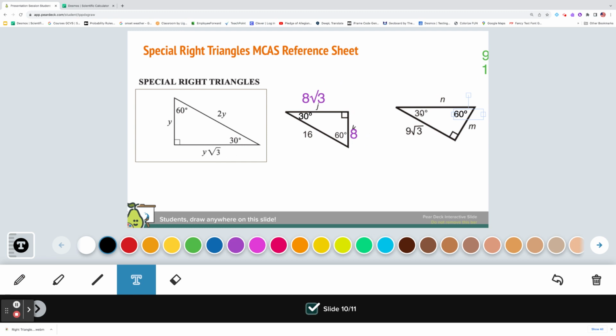So 9 is going to be opposite the 30-degree angle. And we need a lot of practice with these, right? And then the hypotenuse is always double the short leg length. So 9 times 2 is 18. My hypotenuse here is going to be 18 units.